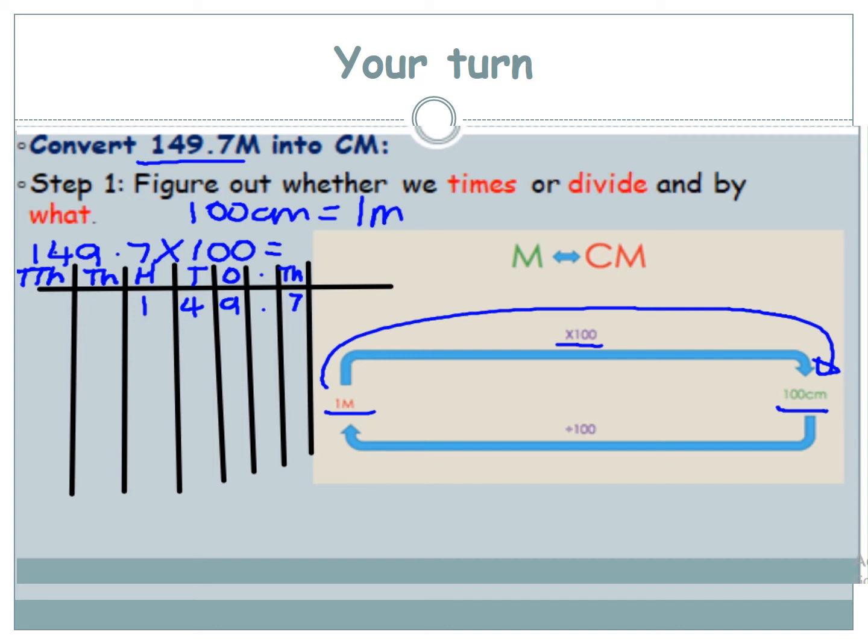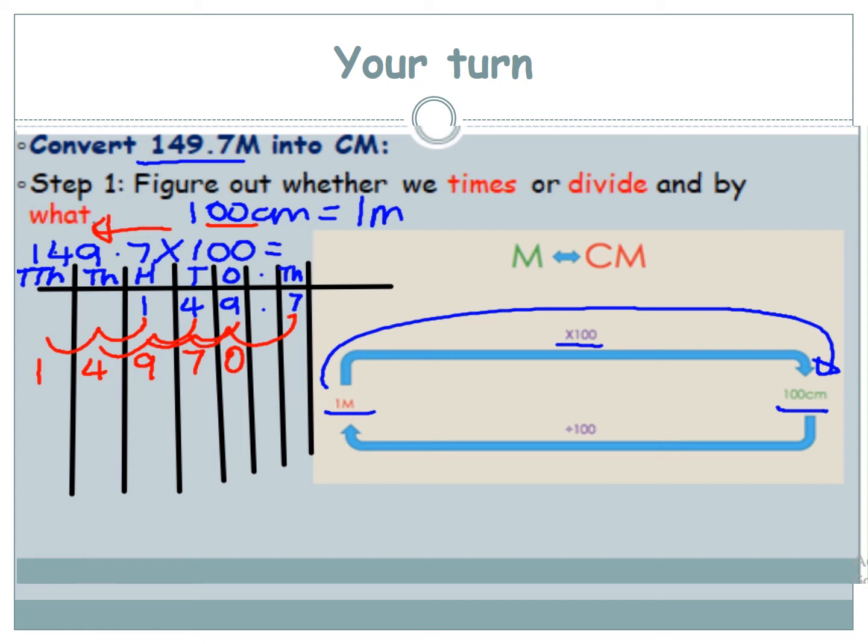So we're going to be shifting everything 2 spaces to the left to make them bigger, and we're going to go 2 spaces because there's 2 zeros in 100. So 1, 2, and then we need to put a placeholder 0 to show that the number is 14,970.